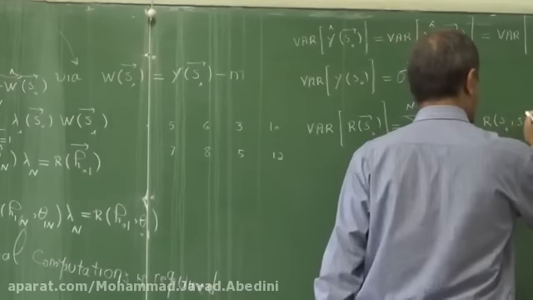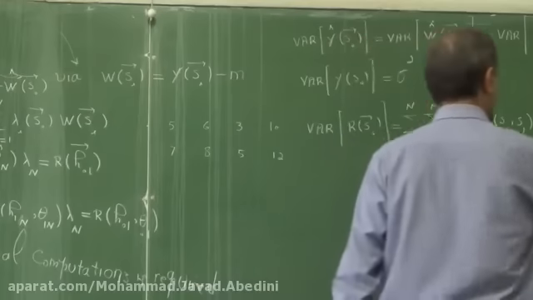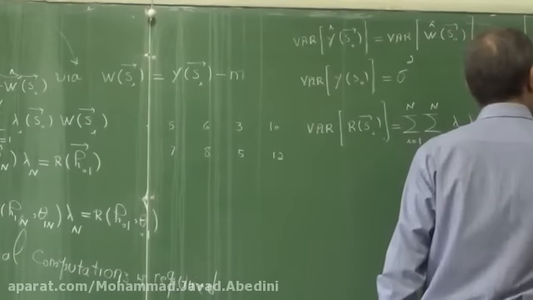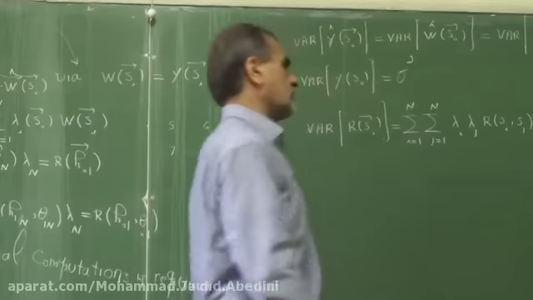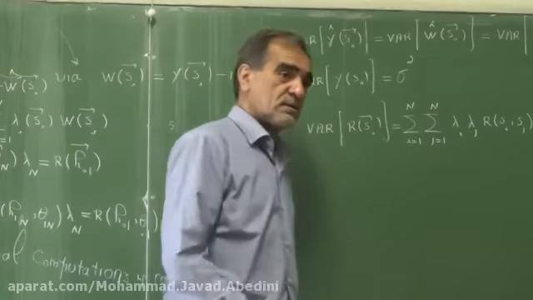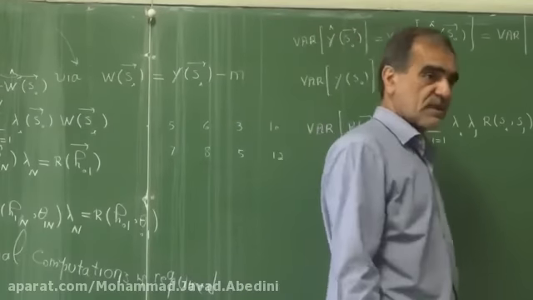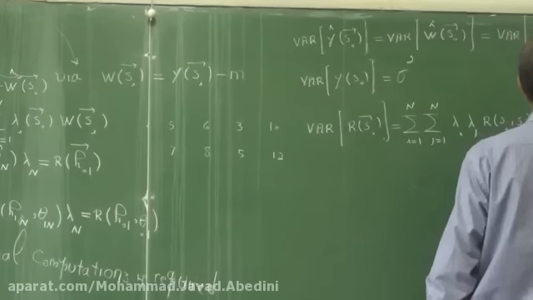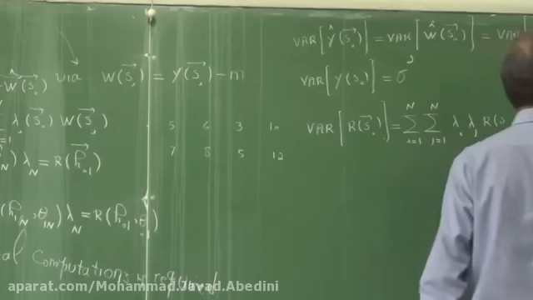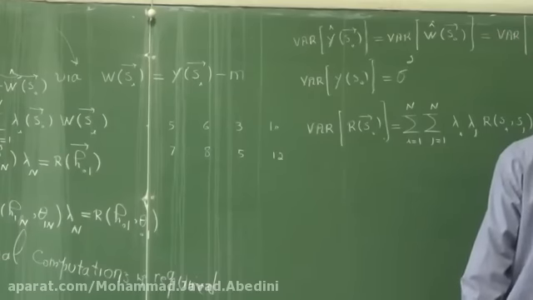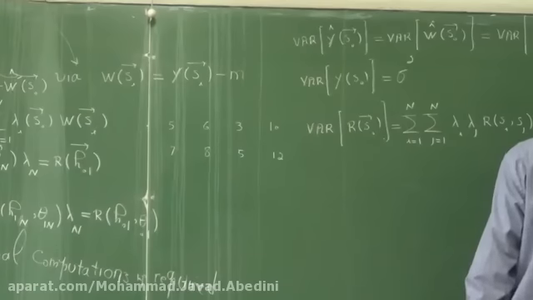This is the first term of variance of residual, plus sigma 2, variance of what? W, which is the same as variance of y, minus 2 times summation i from 1 to n lambda i r sub S0 Si.